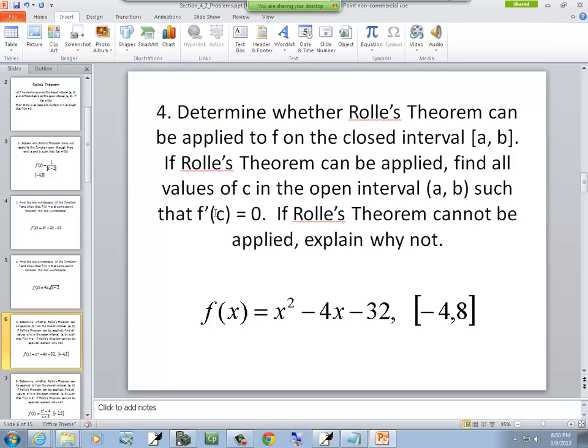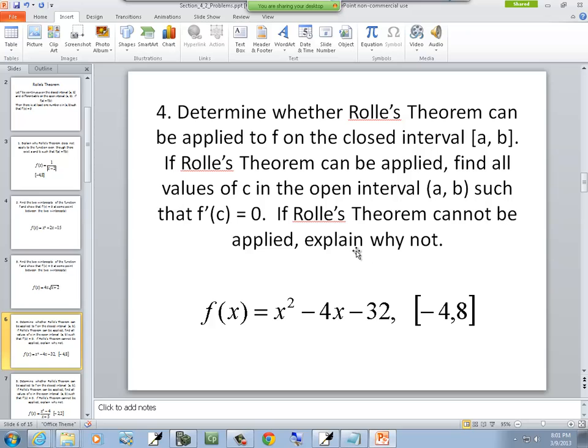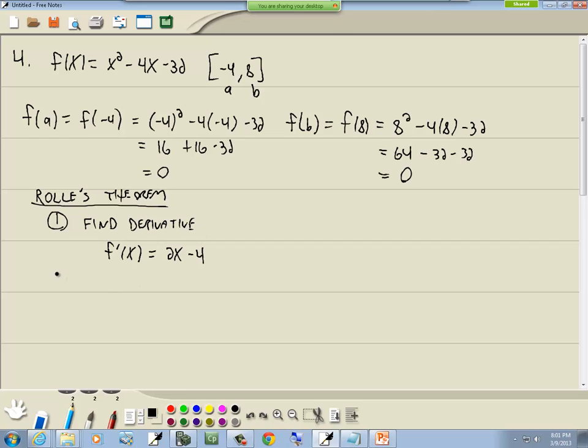That's what the f prime indicates. So step 1, find the derivative. So we've got f prime of x is equal to 2x minus 4. Then the equals 0 says set it equal to 0 and solve it.